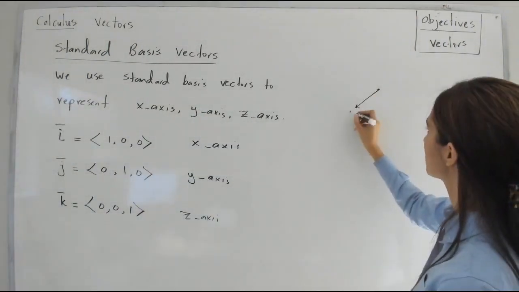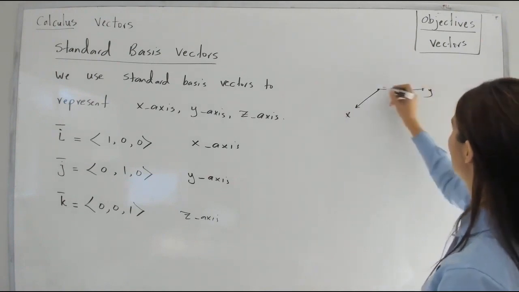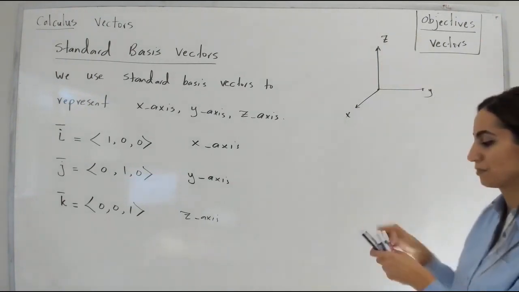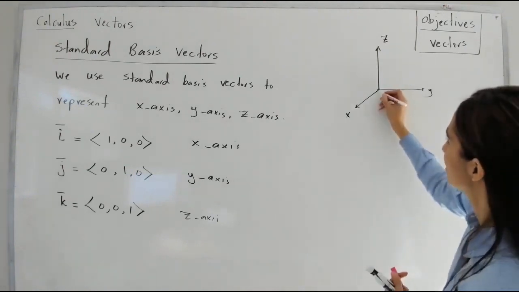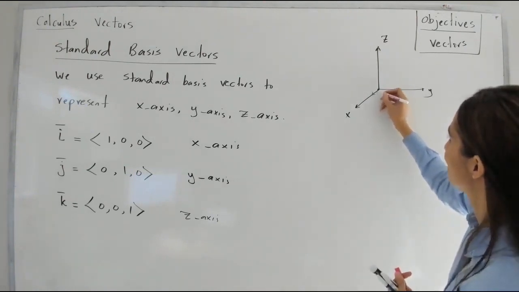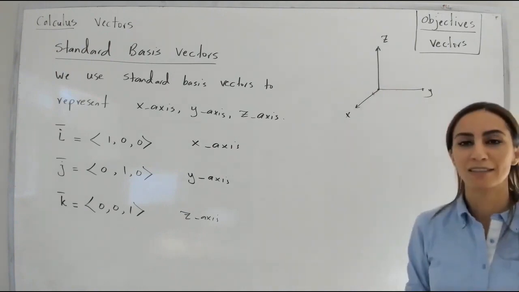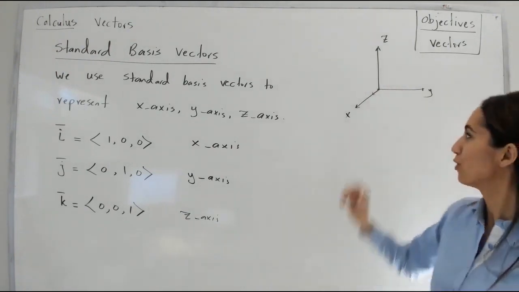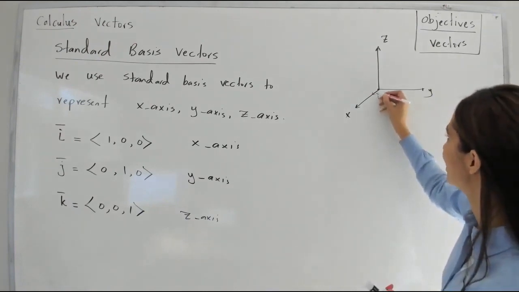When you have x, y, and z, on x-axis we can have this small vector with norm or magnitude or length equals to 1, i.